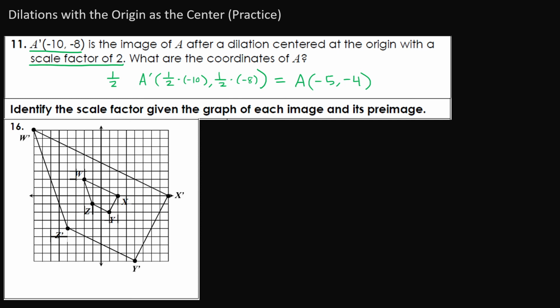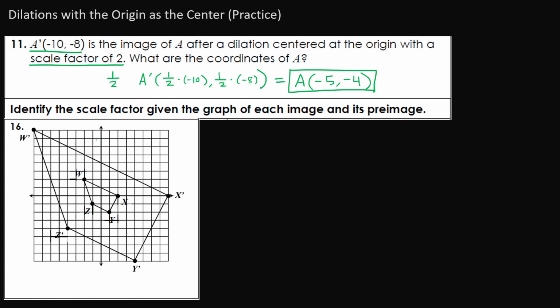And if we wanted to double check our work, we could see that A at -5, -4, if we dilate this with a scale factor of 2, in other words, if we multiply x and y by 2, we're going to get -10, -8. So this would be our final answer. Here is our pre-image point.